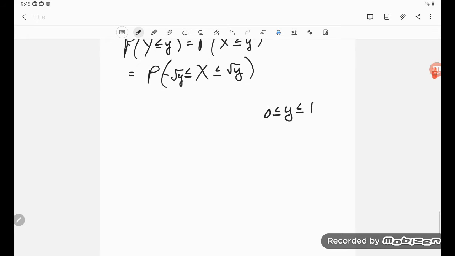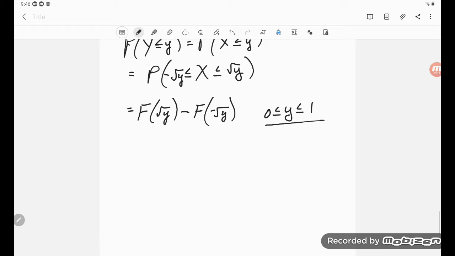So this is equal to f, let me use f here, f of the square root of y minus f of the negative square root of y.